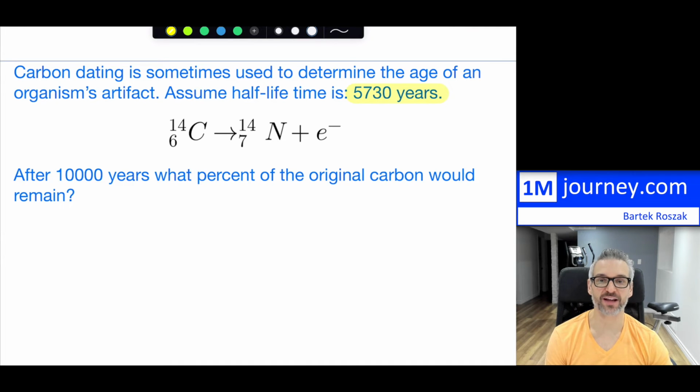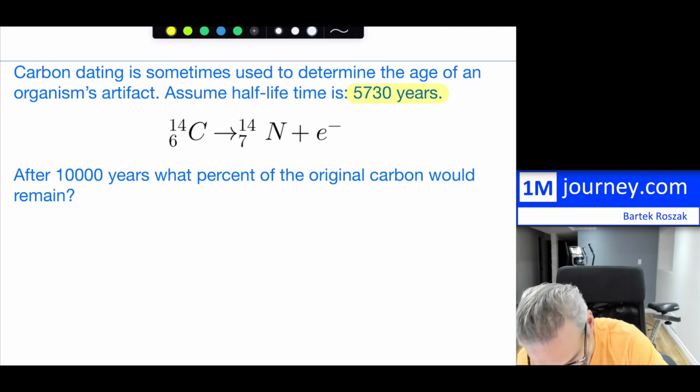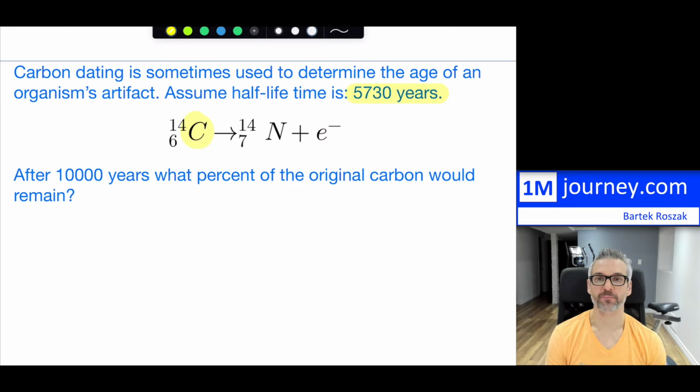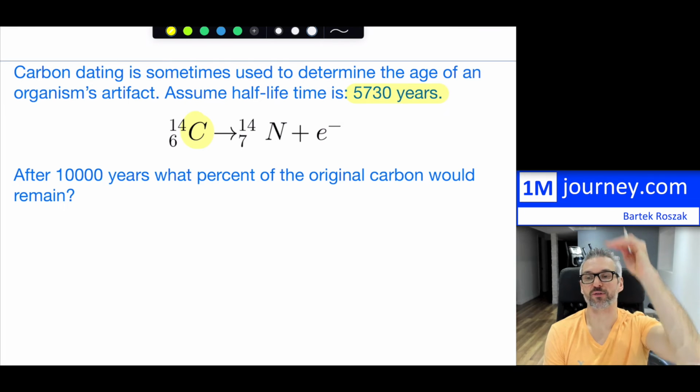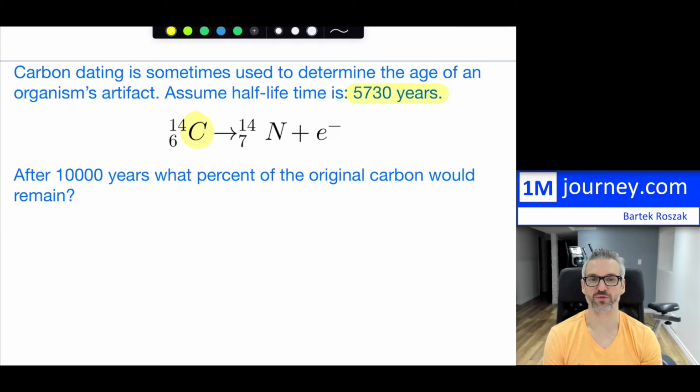So that's the half-life time. That means whatever you start off with in carbon, 5,730 years later, give or take, you're going to have half of the amount of this parent atom remaining from the initial amount that you had.